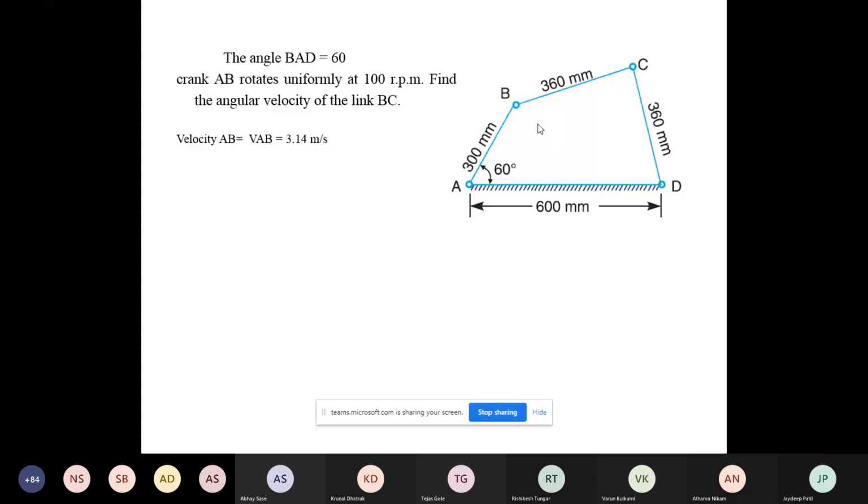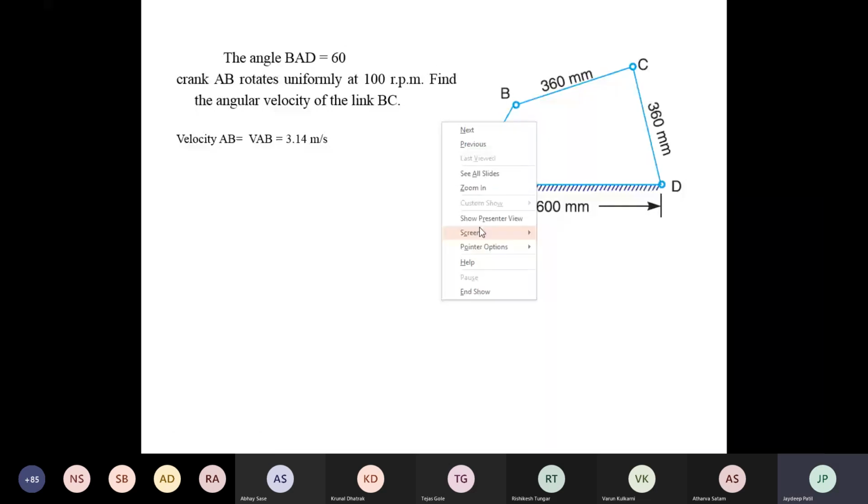After that, the rotation of the input link is given. The speed of the input link is given here: AB rotates uniformly at 100 rpm. By using this speed, you have to find out the angular velocity of AB, that is omega AB.